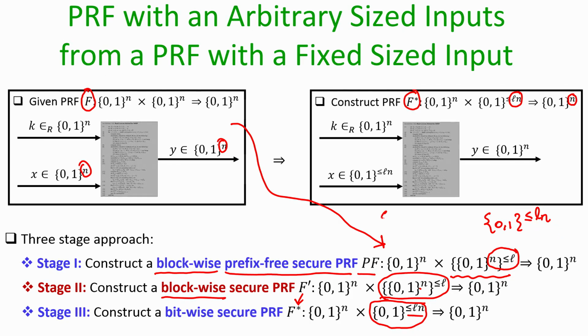But when I say that I have an input of this other form, that means my input consists of several blocks, namely up to little l blocks, where each block is exactly of size n bits. So, there is a difference between this notation and this notation. That is the 3 stage approach that we are going to follow to construct our required PRF f star from the fixed length PRF f.